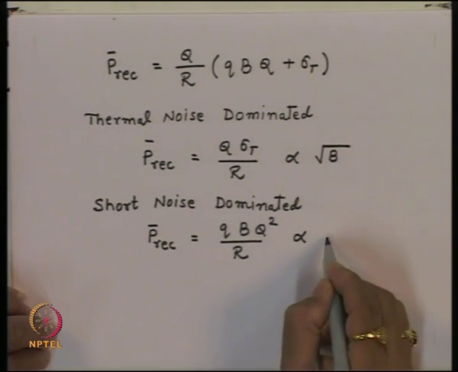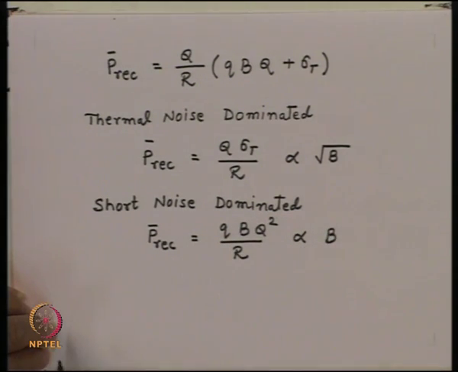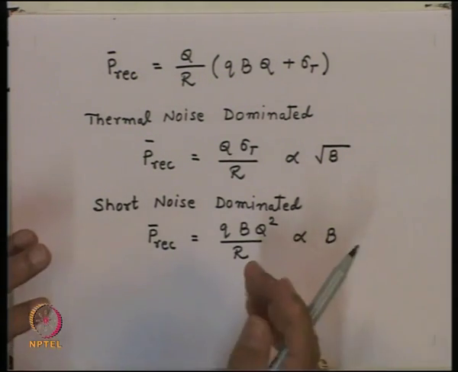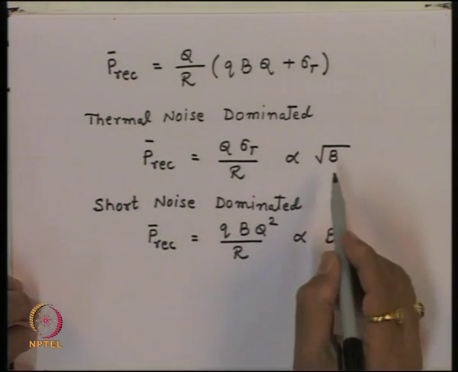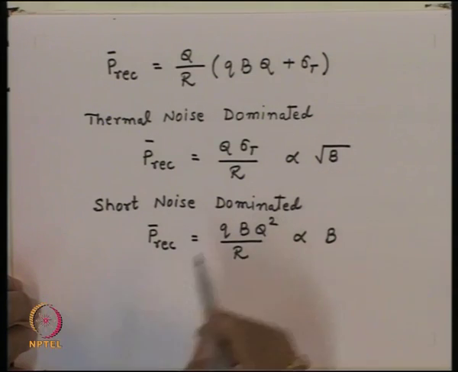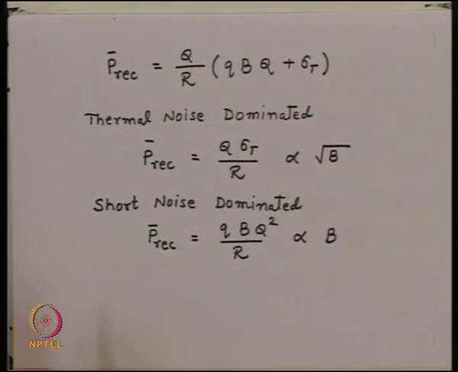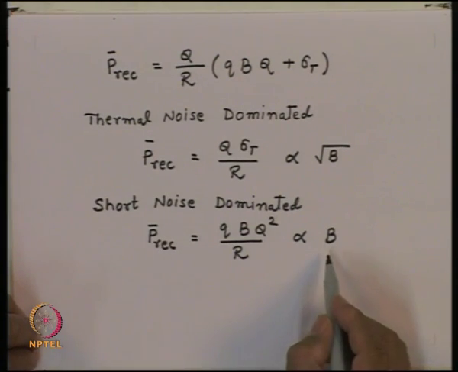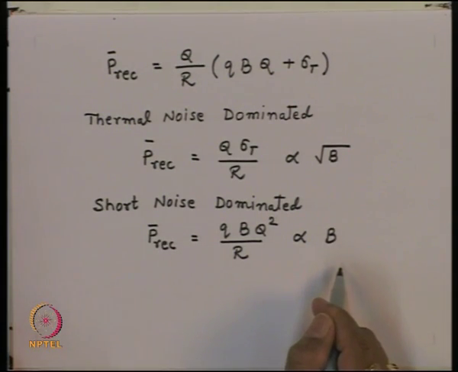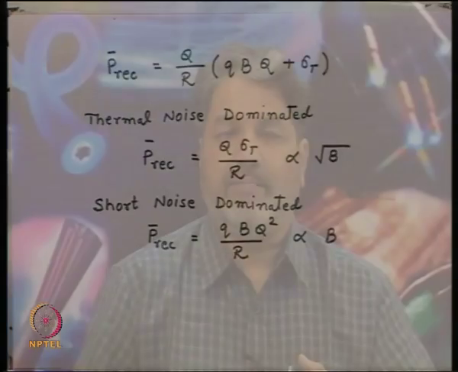So, for low optical powers, the minimum required power scales as the square root of the bandwidth, whereas if the optical power is large, then the minimum required power will scale proportional to the bandwidth. That means, as the bandwidth increases, you have to increase the power in the same proportion to achieve the same bit error rate.